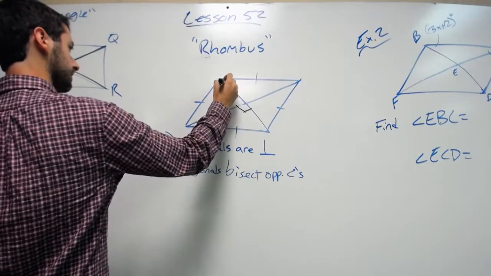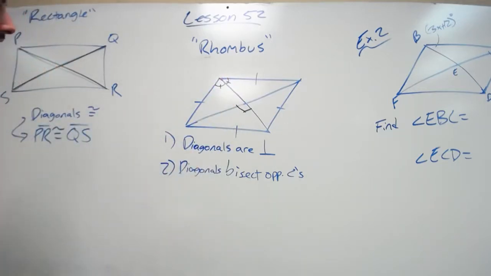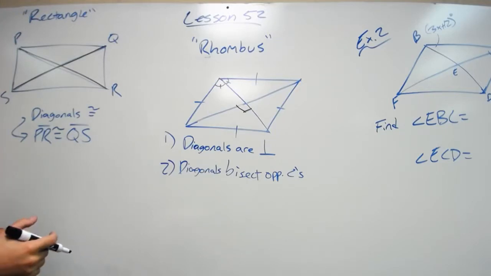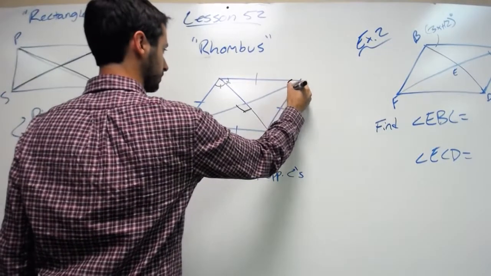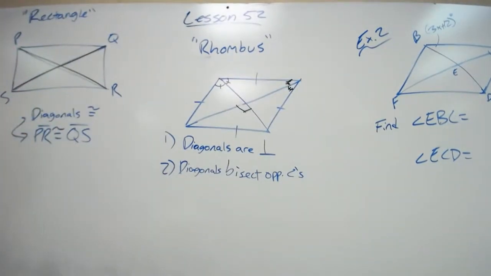So these two angles are congruent because the diagonal bisects. And that would be true for all these different angles. But anyways, those are different properties for rectangles and rhombuses, but those are specifically talking about diagonals.